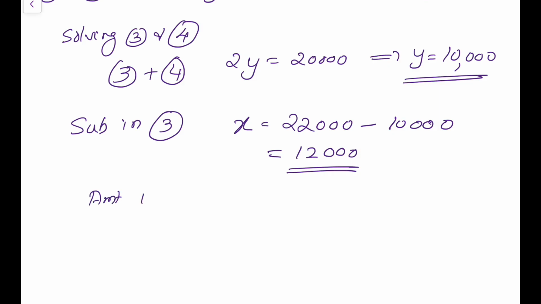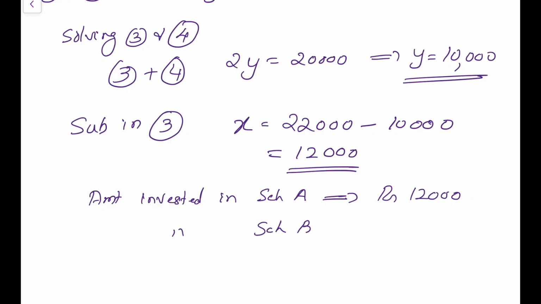So we'll write amount invested in scheme A is rupees 12,000. Scheme A is 8x, that is what we have taken. Amount invested in scheme B is rupees 10,000.